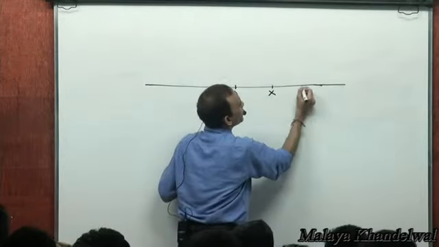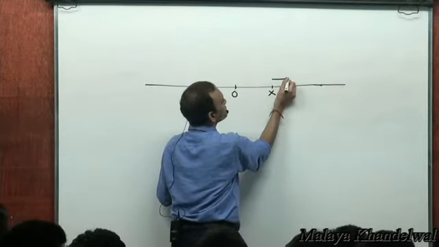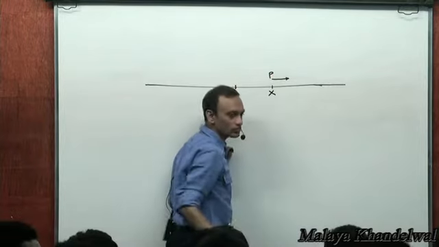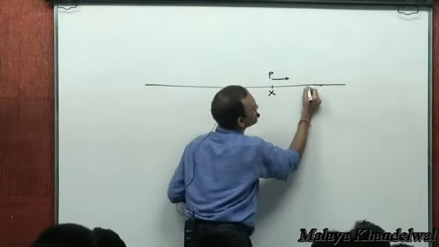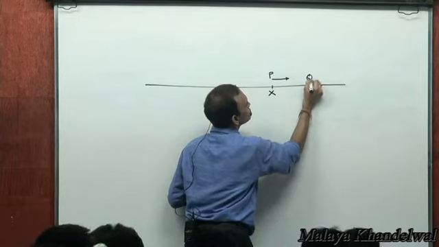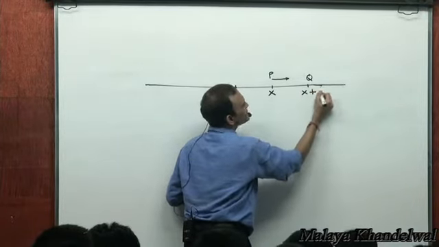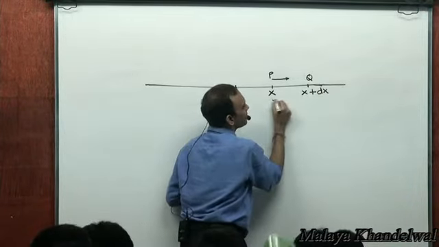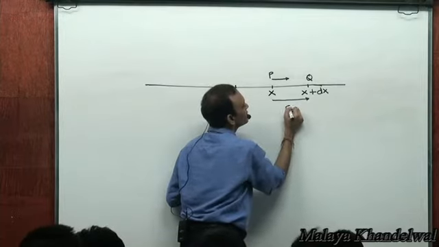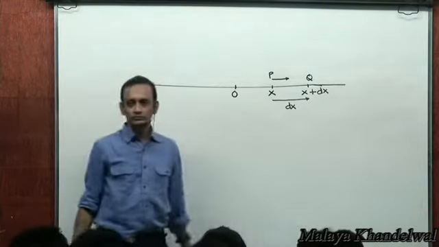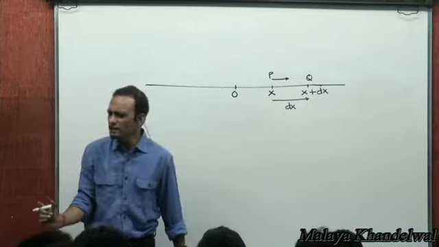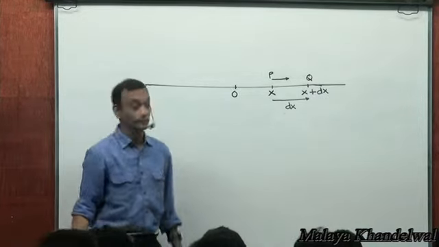And is moving to the right. In a small time dt, the particle comes to Q, having got displaced by an amount dx to the right. An infinitesimally small displacement dx to the right.